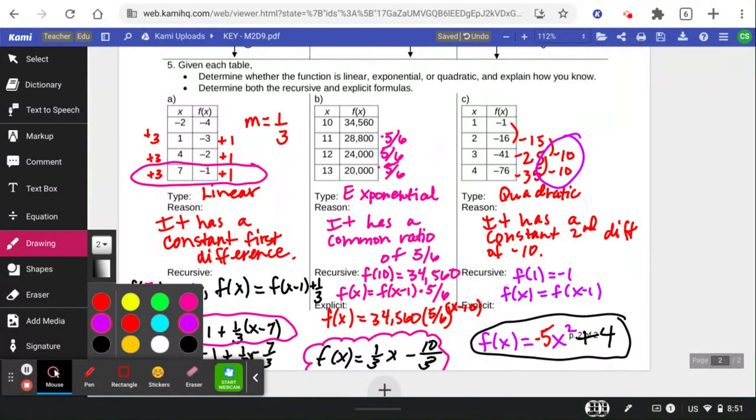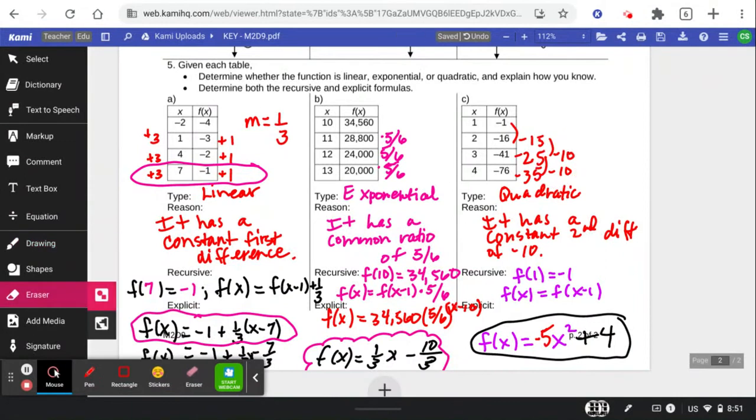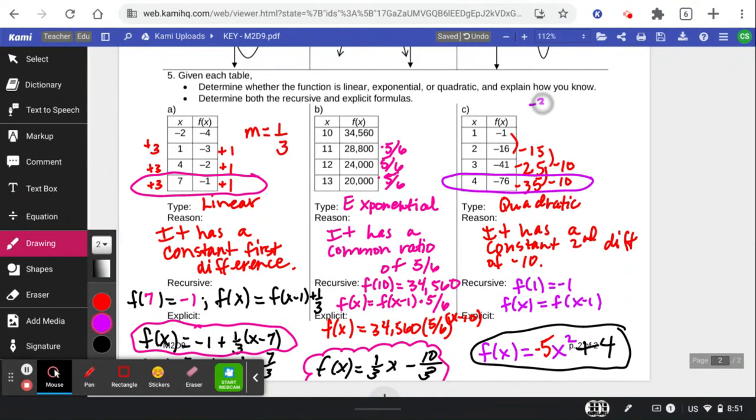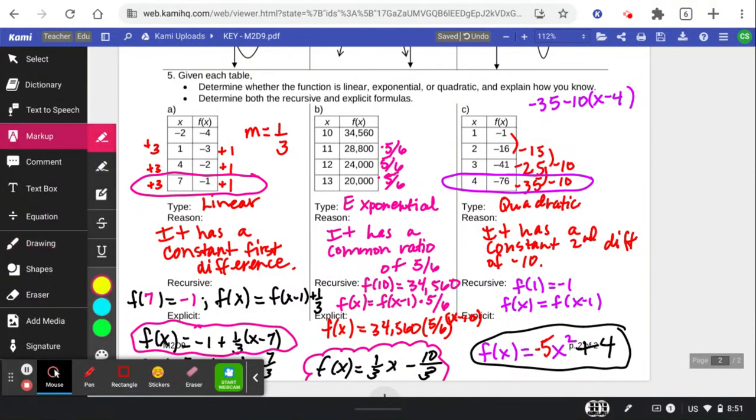Let's use purple. Pick a row, any row. I'm going to go like this. So it begins with negative 35, subtracting 10, x minus 4. We get this negative 35 from right here in the table, that linear rate of change work. We get this negative 10 right here, and then we get the x minus 4 from right there.